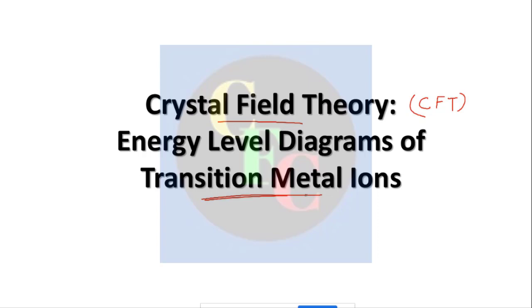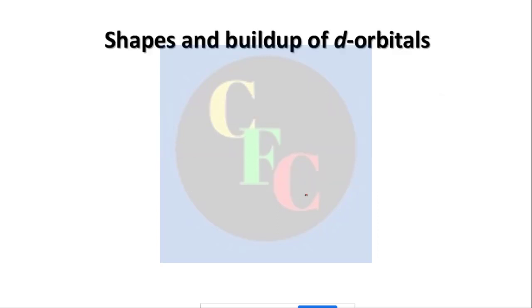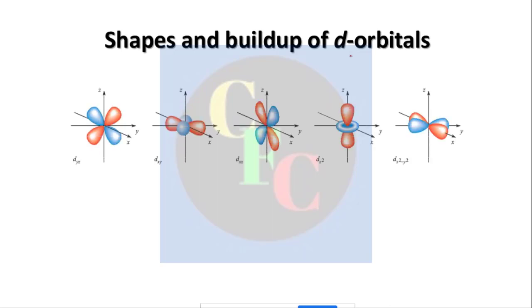Now before going into crystal field theory, let us first look at the shapes of d orbitals. You know that as there is one kind of s orbital and three kinds of p orbital, that is px, py, pz, there are 5 kinds of d orbitals, namely dyz, dxy, dxz, dz square and dx square minus y square.